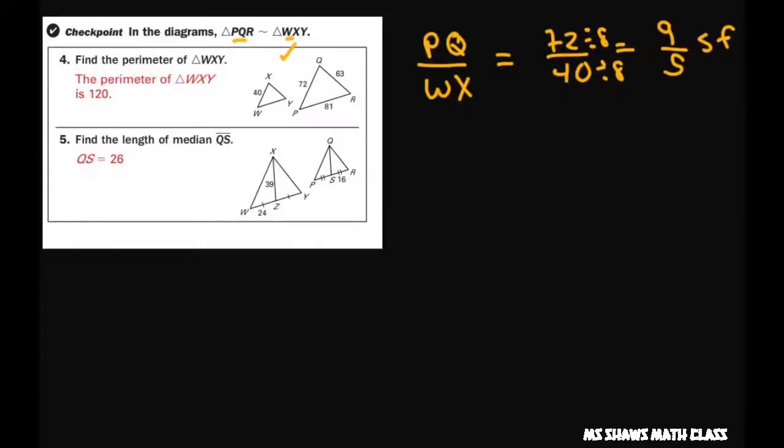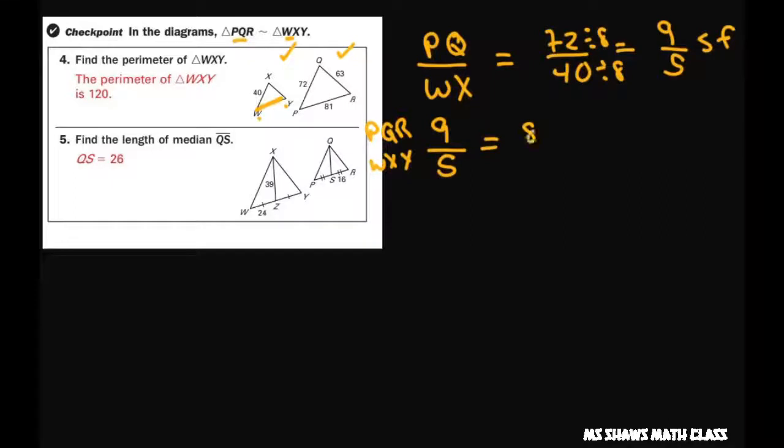All right, and so now we can find the other side. So we have 9 to 5. PQ is the larger one. So this is the first one. So 9 to 5 equals, and I need to get WY. So I know the P one, I'm just going to write that this is your PQR, and this one is your WXY.